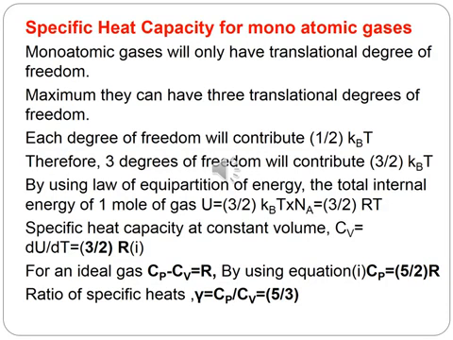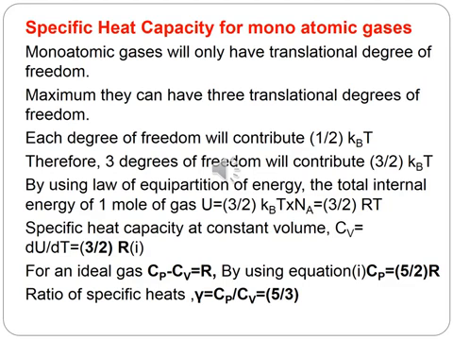By using the expression dU by dT is equal to 3/2 R, Cp will be equal to R plus Cv, which is equal to R plus 3/2 R. Then Cp will be equal to 5/2 R.